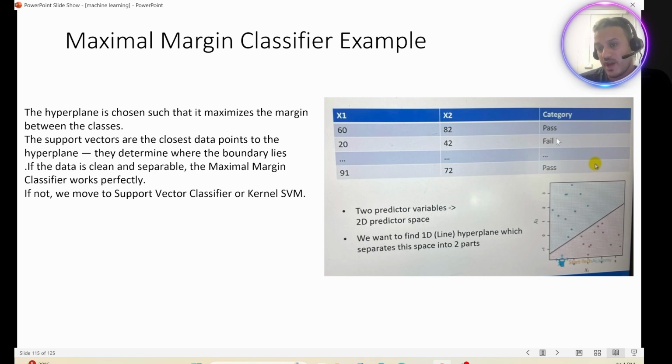This is one for pass and this is one for fail. Since we have 2D predictors x1 and x2, we want to find the 1D hyperplane, because it's only one line, which separates our data into two classes.